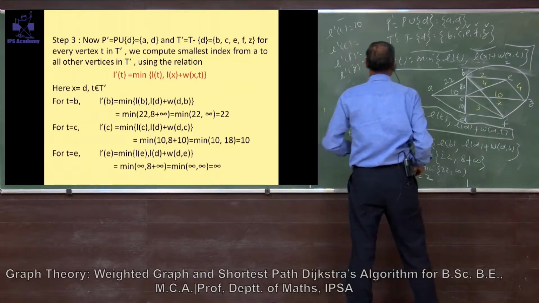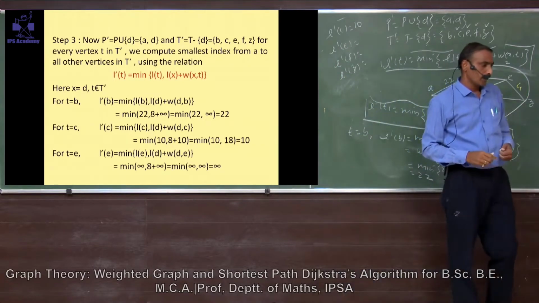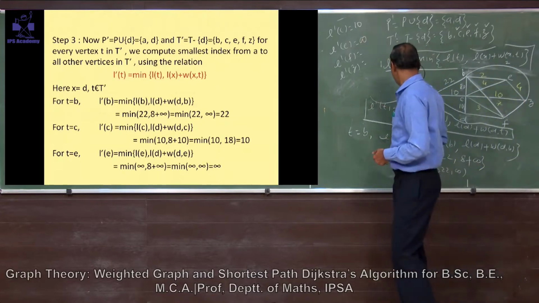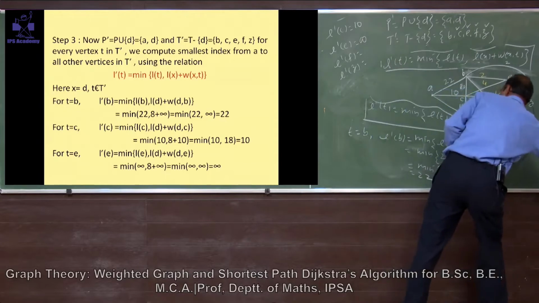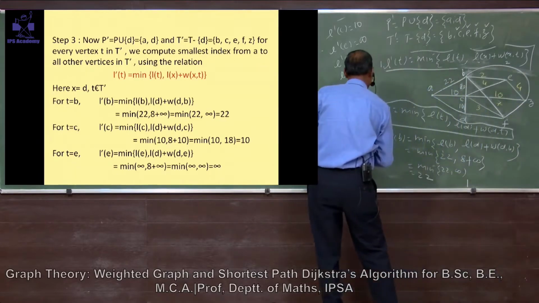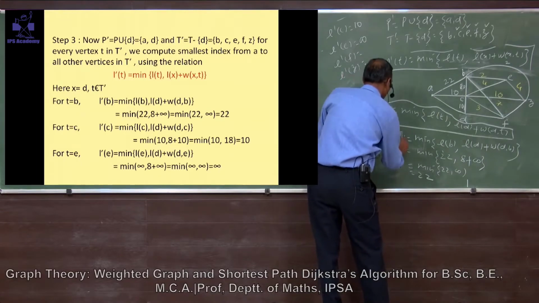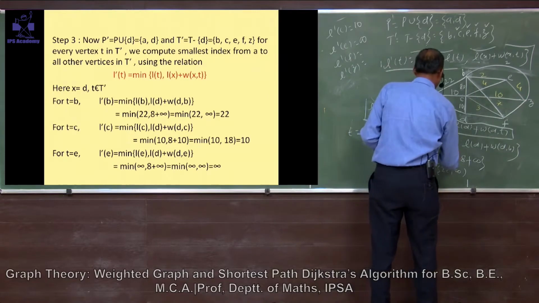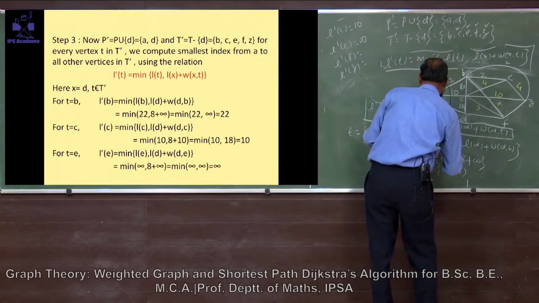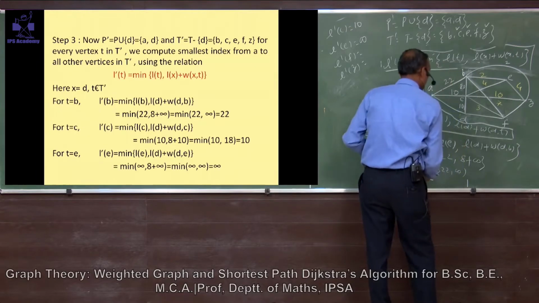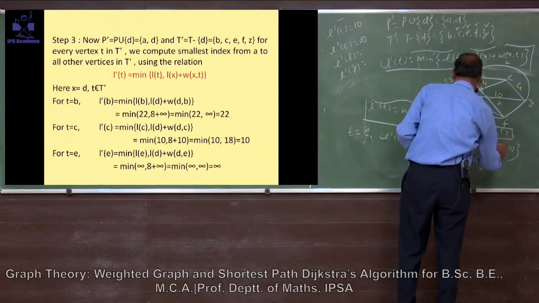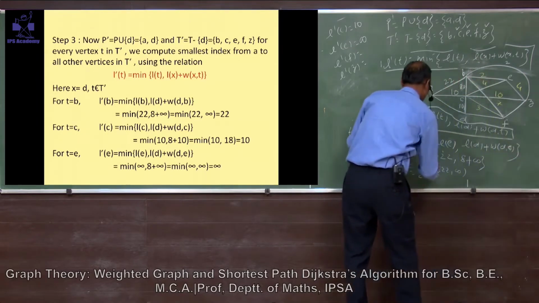L dash E here is infinity. Why infinity? Let's check. Now we're taking T equals E here. So L dash E equals the minimum of L of E, comma L of D, which is fixed, plus W of D, comma E. So what is the value here?